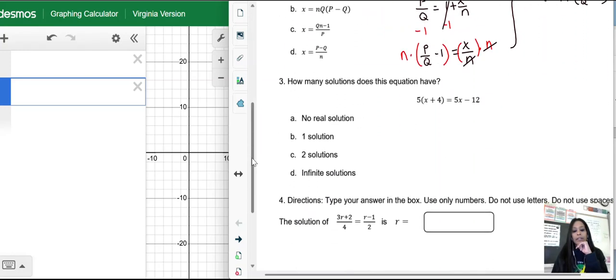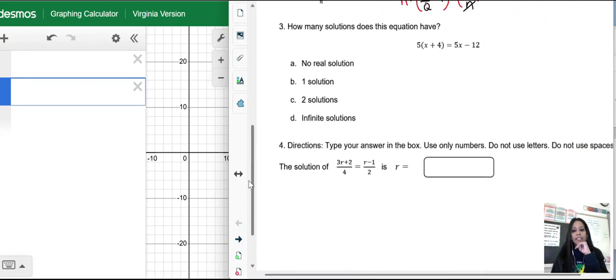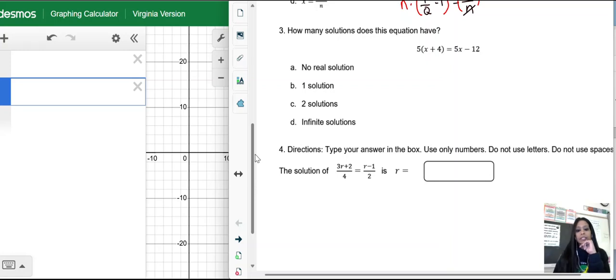All right, number 3 and number 4 deal with solving equations. So when you have an equation and you see the variable on both sides of the equation, we need to simplify the left side and then simplify the right side. So let me go ahead and divide out this equation here. So I have the left side of the equation, and then I have the right side of the equation, okay?